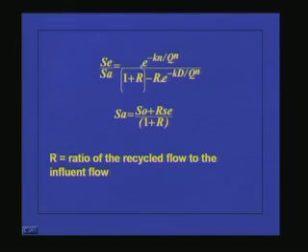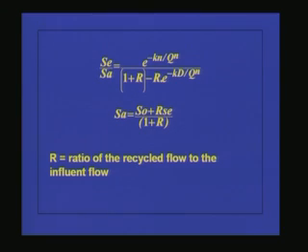That is equal to e raised to minus K D by Q raised to n divided by 1 plus R minus R into e raised to minus K into D by Q raised to n. So this will be taking care of the recirculation. Because of the recirculation, there is dilution coming into the picture, as well as the biodegradability reducing with each pass of the wastewater.